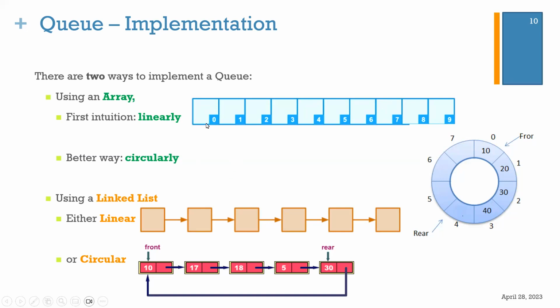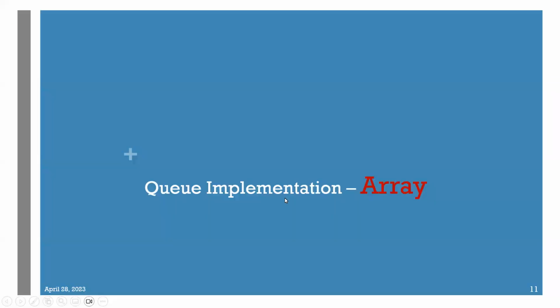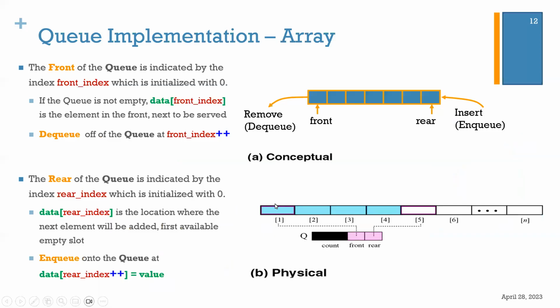Array means that we'll sequence based on 0 based, and linked list, dynamic linked list, is not fixed. We have single linked list we can use or circular linked list. I think everyone now is aware of array and linked list, all types. Let us start with array implementation.